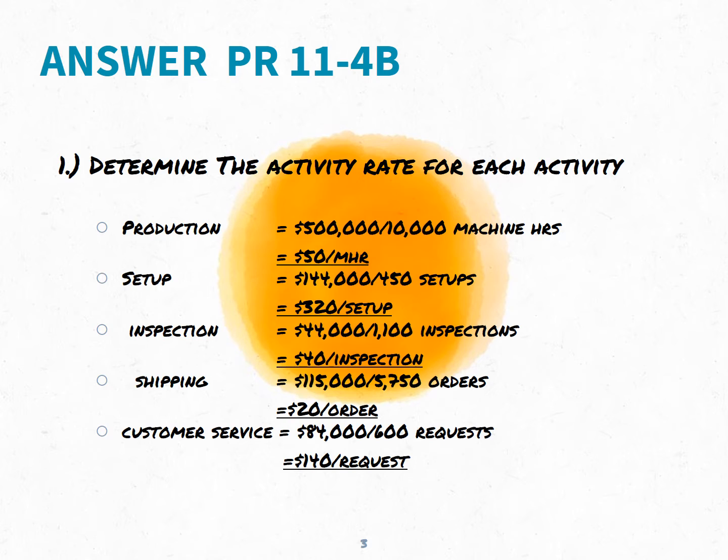For inspection, we have 44,000 cost divided by 1,100 inspections, a total of $40 per inspection. Shipping, we have 150,000 cost divided by 550 orders, a total of $20 per order. While customer service is 84,000 divided by 600 requests, equals $140 per request.